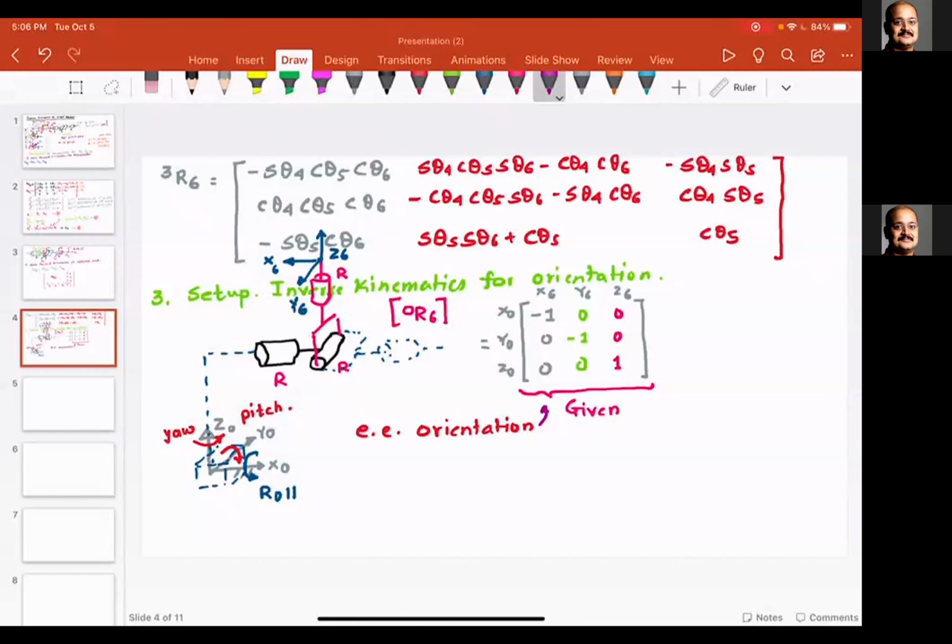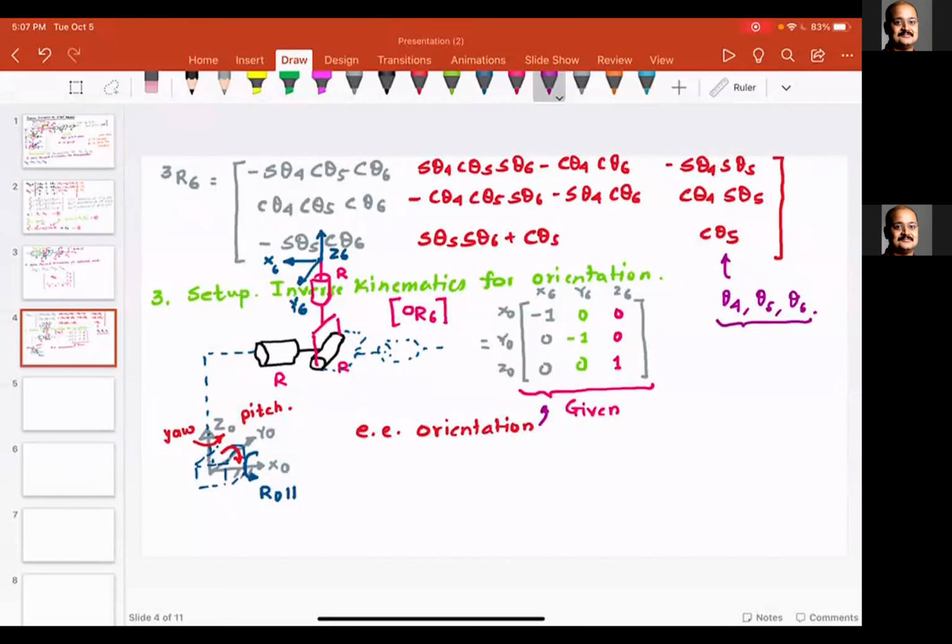Now, from this information, how should I find the values of theta 4, theta 5, and theta 6? The question here is, given this end effector orientation, how do we find theta 4, theta 5, and theta 6?